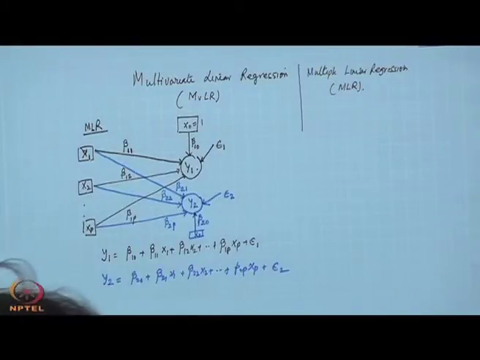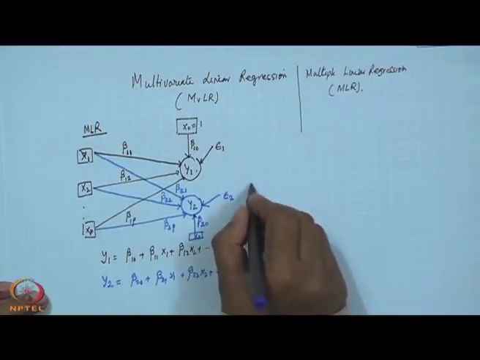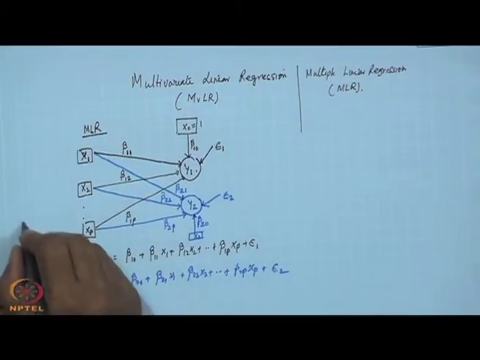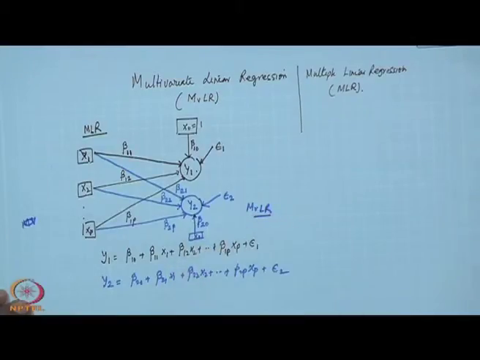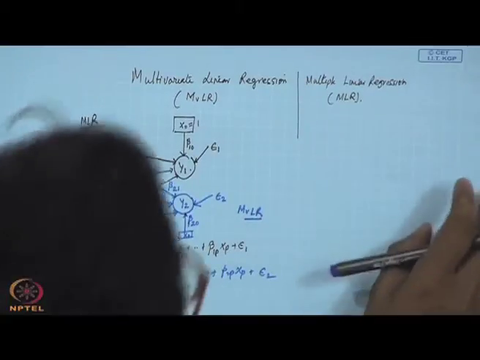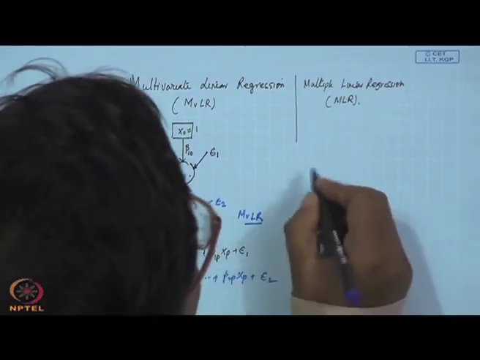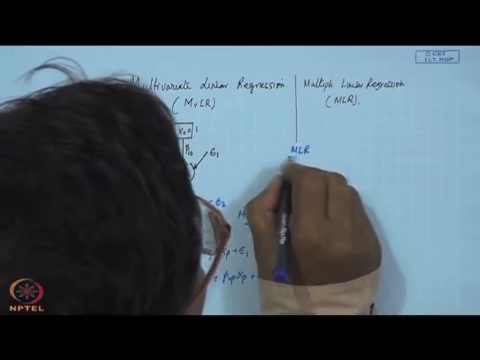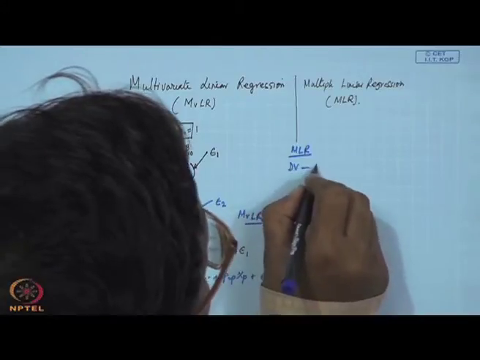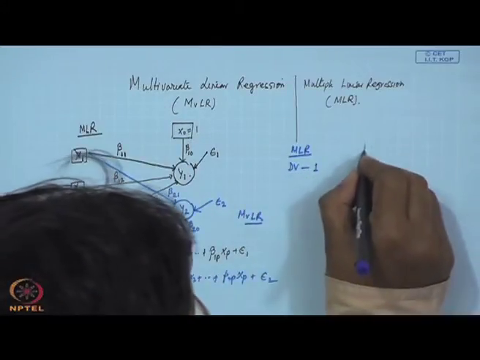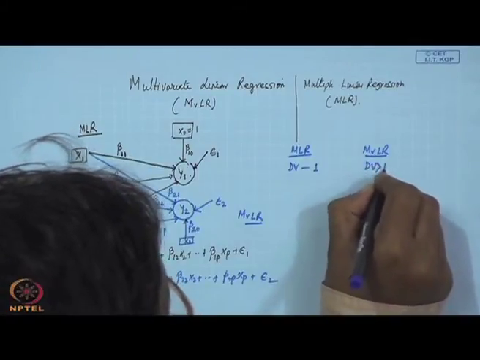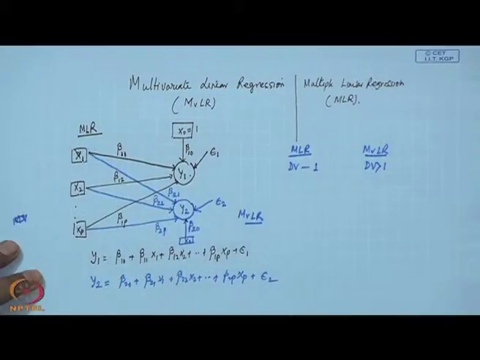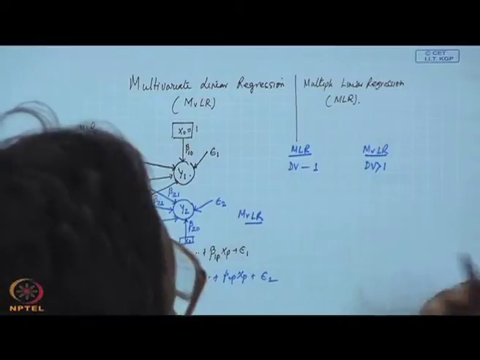So, when we have added y2, it becomes MVLR, multivariate linear regression. If I now think of the difference, if I write MLR, then the number of DVs will be 1, and if I write MVLR, the number of DVs will be greater than 1, any value.